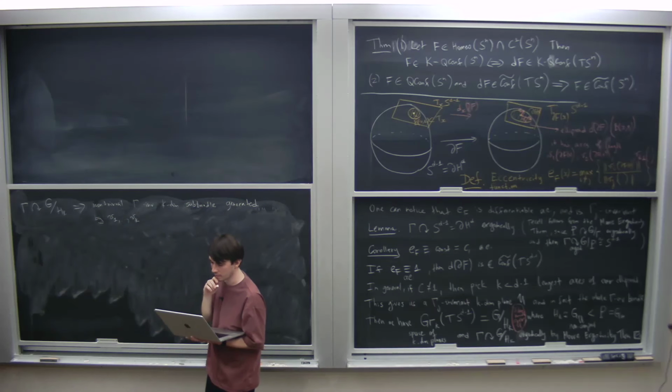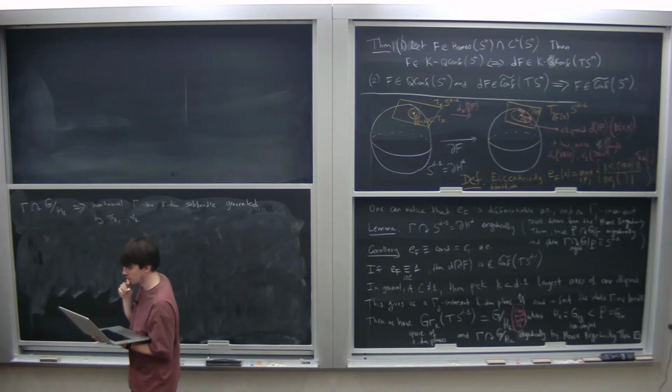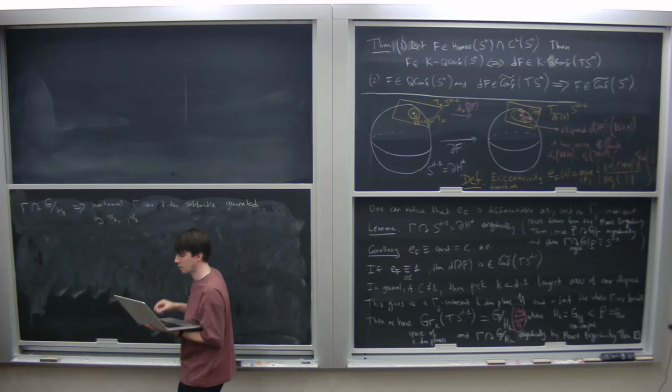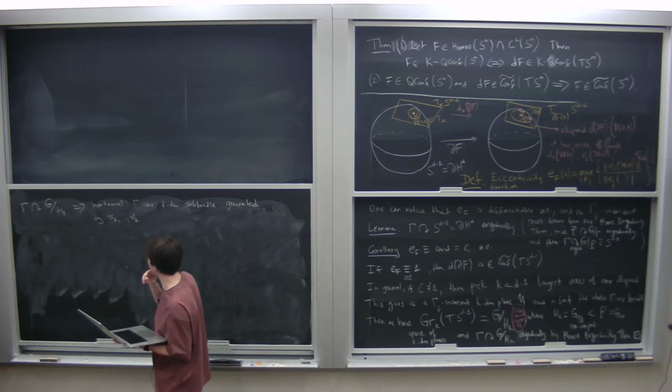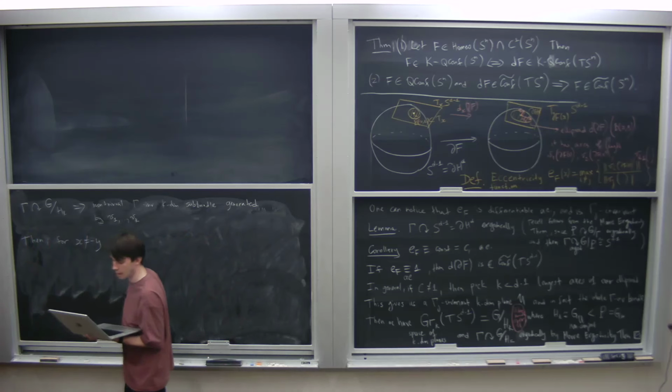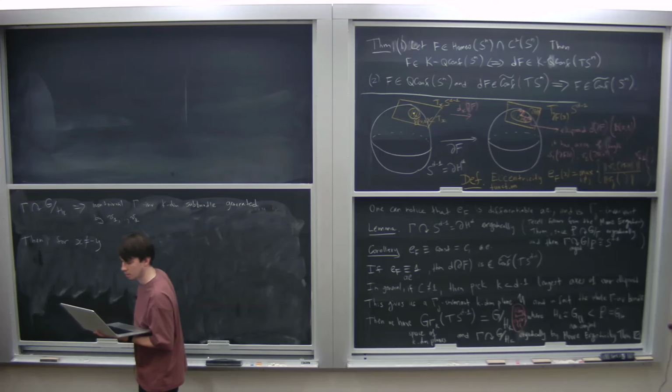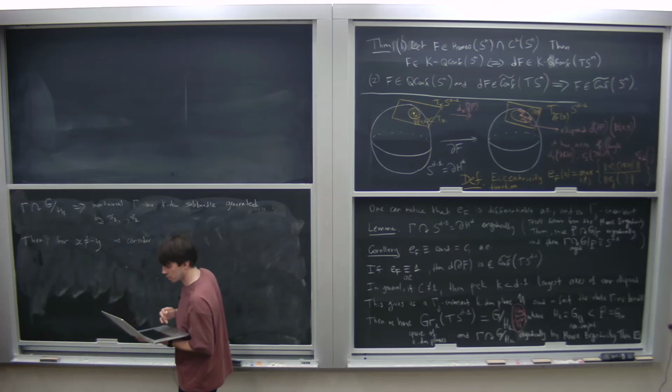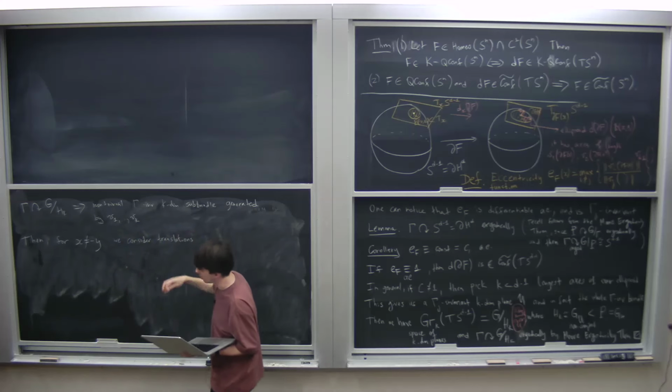Then I can define the functions, technically I should take two points that are not equal. So for x not equal to y, we take translations along geodesics from x to y, translations in the tangent bundle.